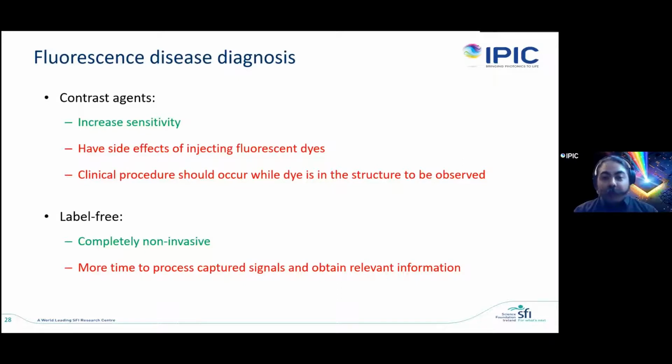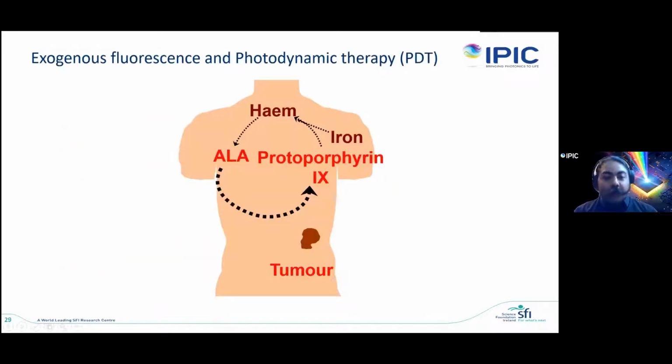First here we will have the procedure which can be combined with the photodynamic therapy we have seen before, and this procedure is mostly based on a substance called aminolevulinic acid, or ALA for short. This is a molecule which is already present in our body.